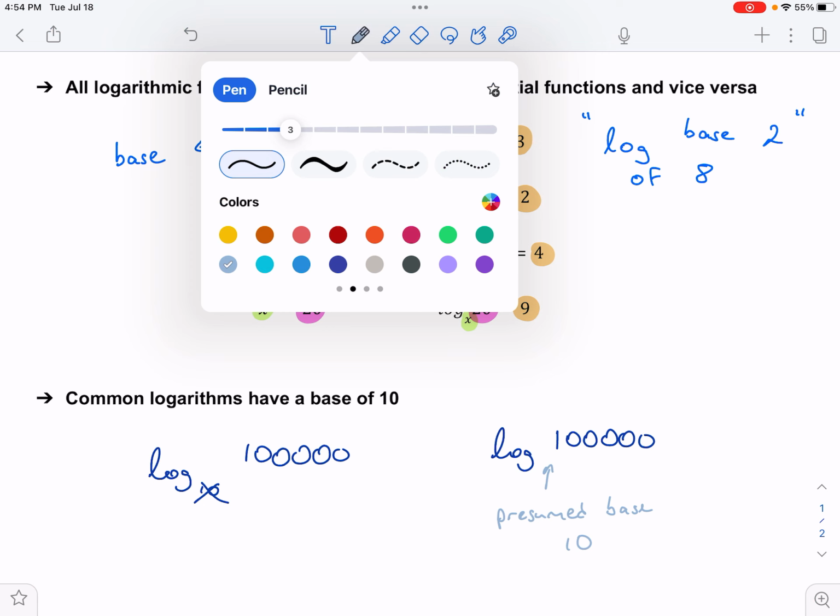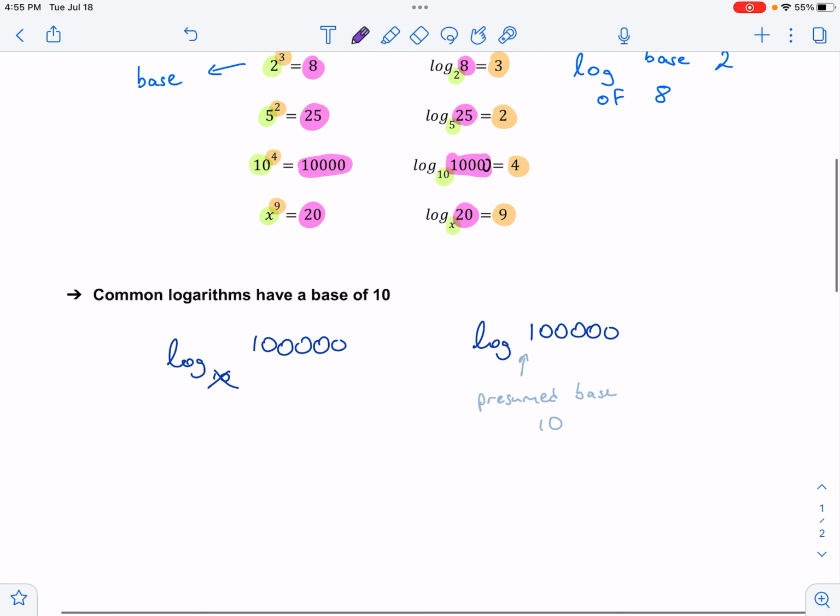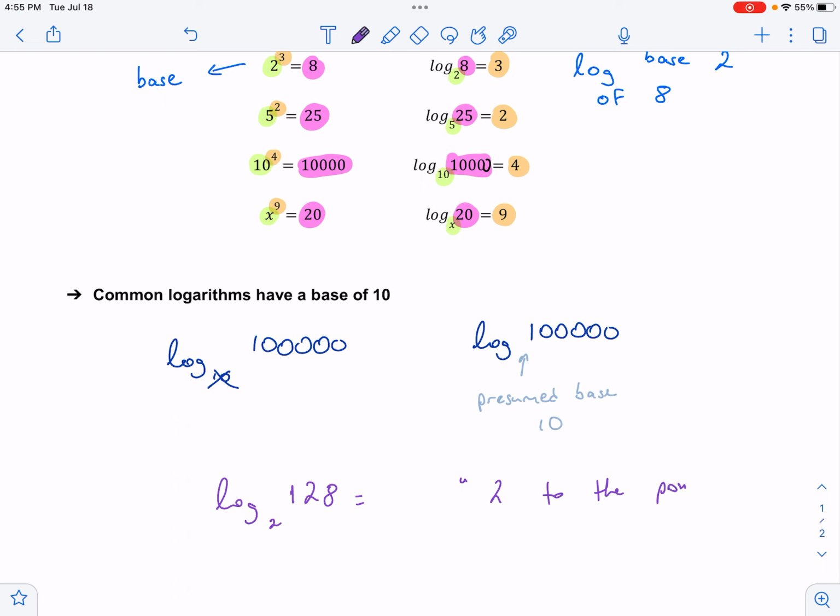Let's do a quick question. Let's see if you're comfortable with it. Okay, if I have log base 2 of 128, this question is asking 2 to the power of what is 128.